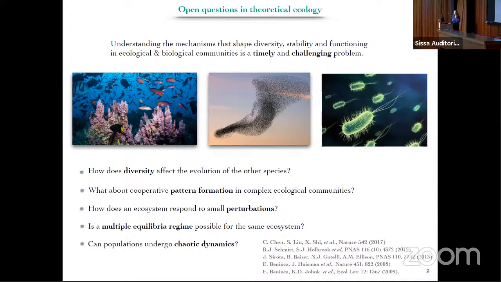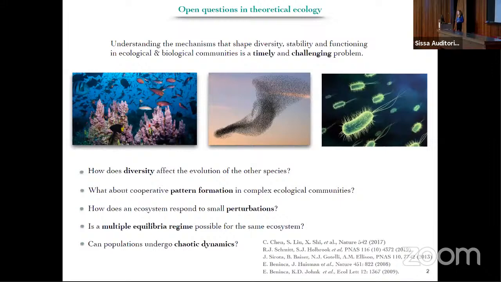Can we detect cooperative patterns in real ecosystems, and are these patterns ordered or disordered? How does an ecosystem respond to an external perturbation? Is it possible to quantify these functional responses in a similar way as we do for a physical system? And furthermore, is it possible to detect a multiple equilibrium regime for real ecosystems, or more complex, even chaotic dynamics?